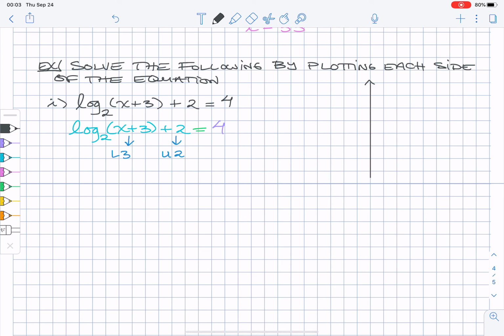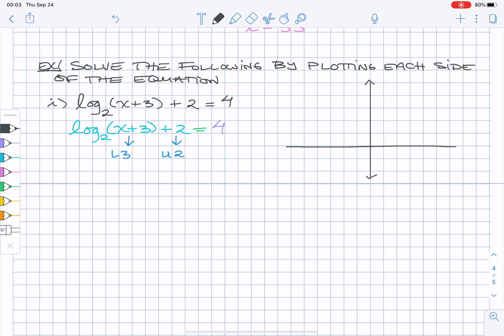So x and y coordinate axes. X and y. So 1, 2, 3, 4, 5.